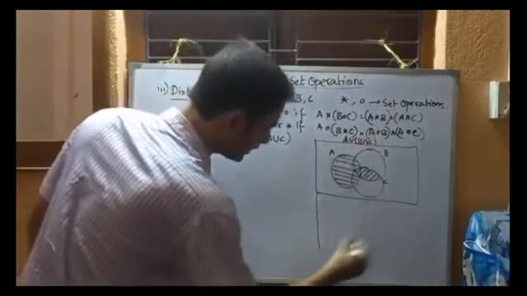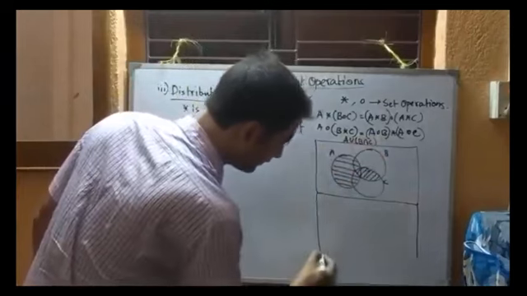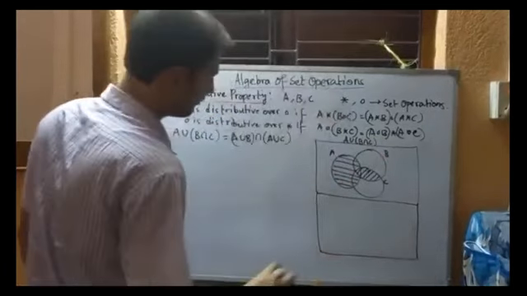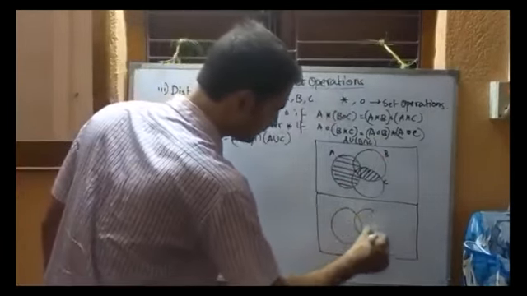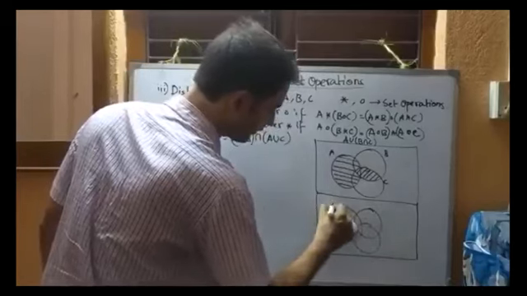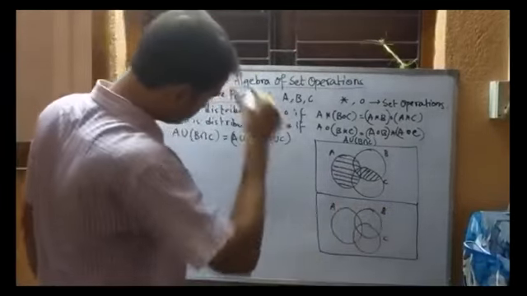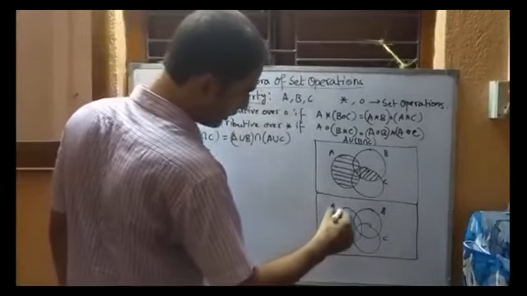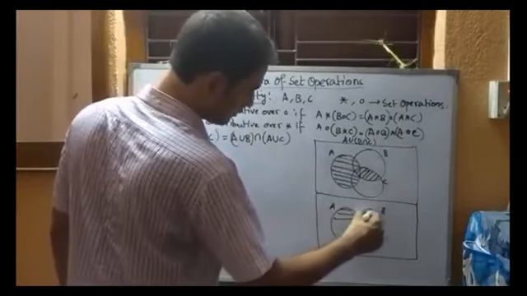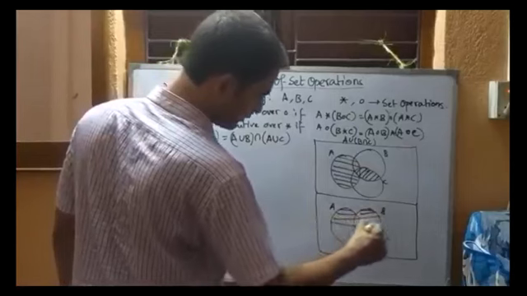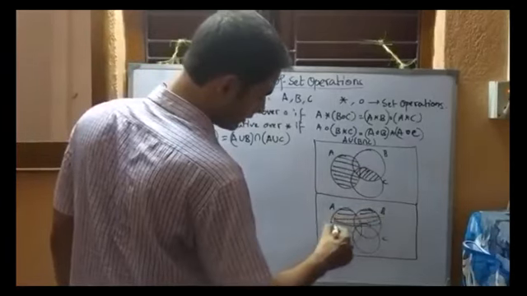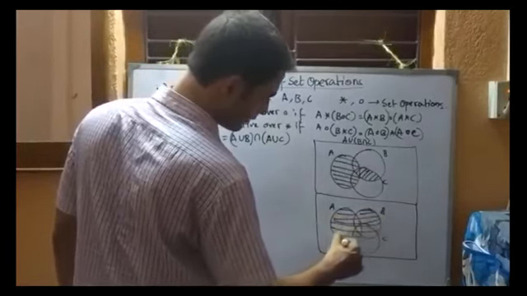And if we draw the right hand side in the Venn diagram, we get this thing. Okay, so see, first we consider A union B. So I shade the region for A union B using vertical streaks.